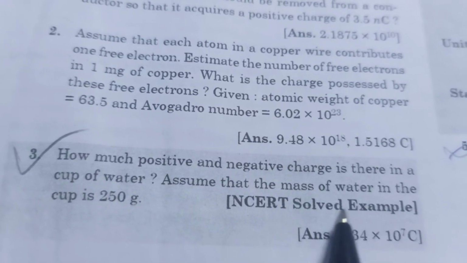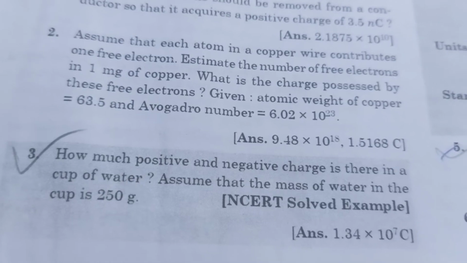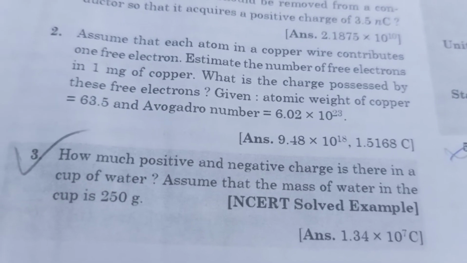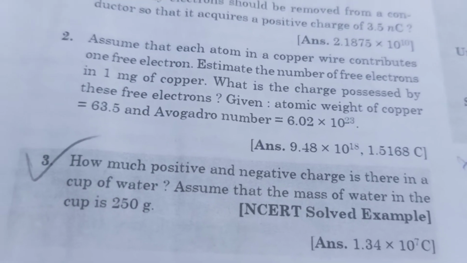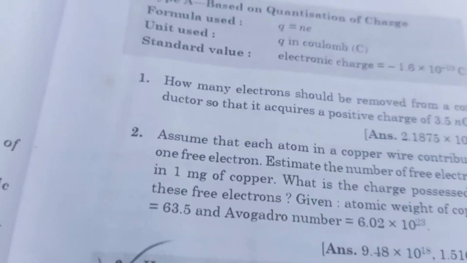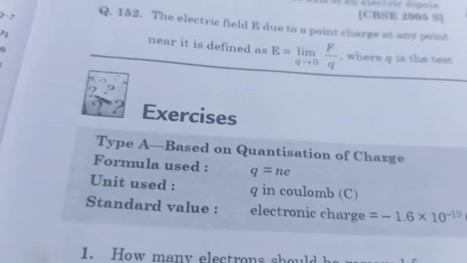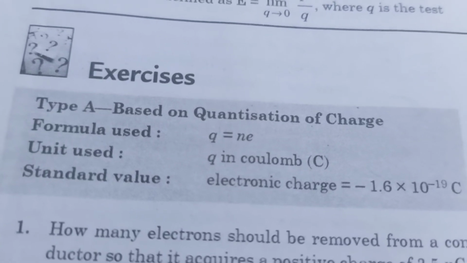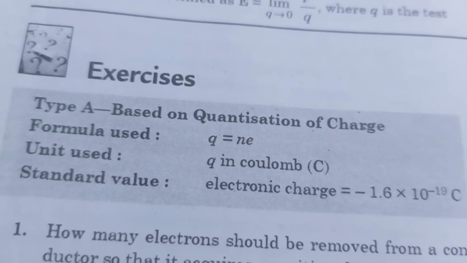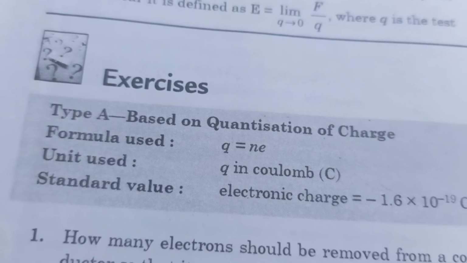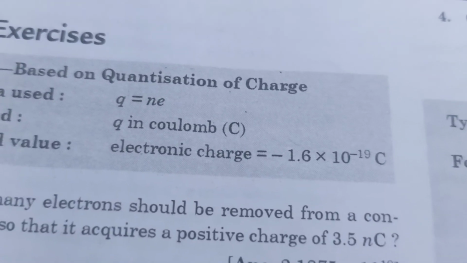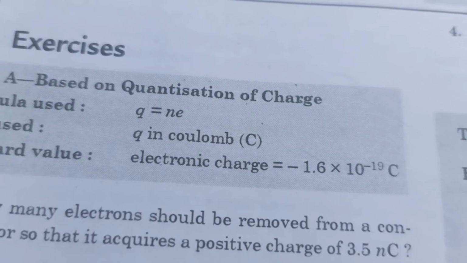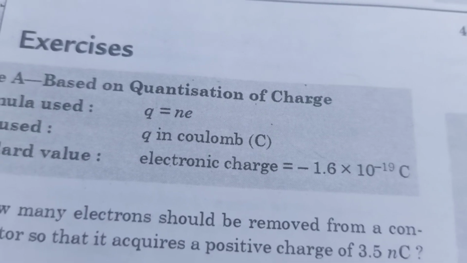It is a simple experiment, but you should feel that all the numericals based on quantization of charge use the formula Q equals N e, where the unit of charge is coulomb, and the electronic charge equals minus 1.6 into 10 to the power minus 19.